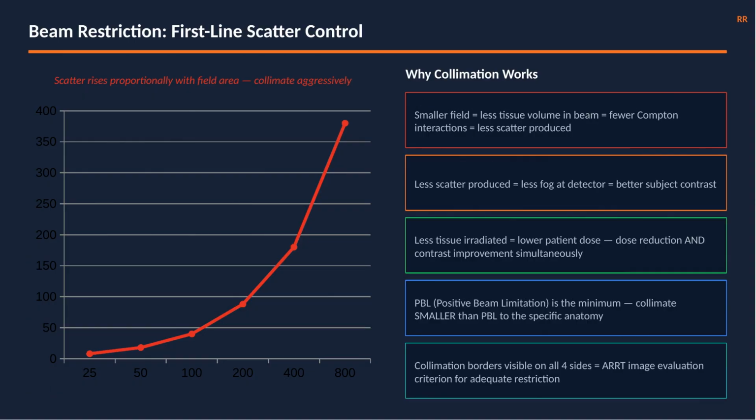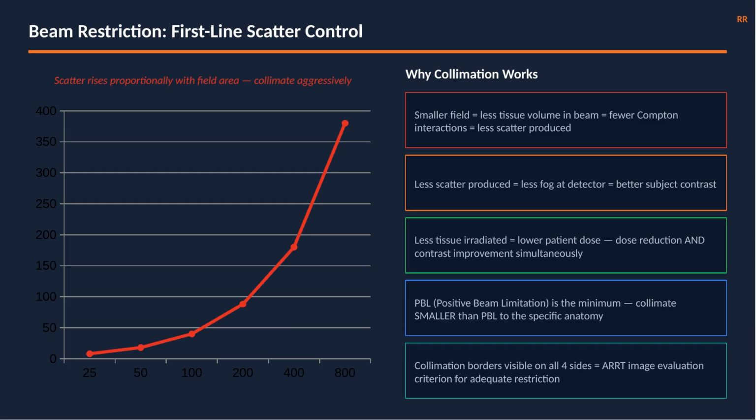The scatter production line chart on this slide shows an exponential relationship. As field area increases from 25 square centimeters to 800 square centimeters, scatter production rises steeply, nearly proportionally. Every centimeter you add to the field adds more tissue, more Compton interactions, and more scatter.